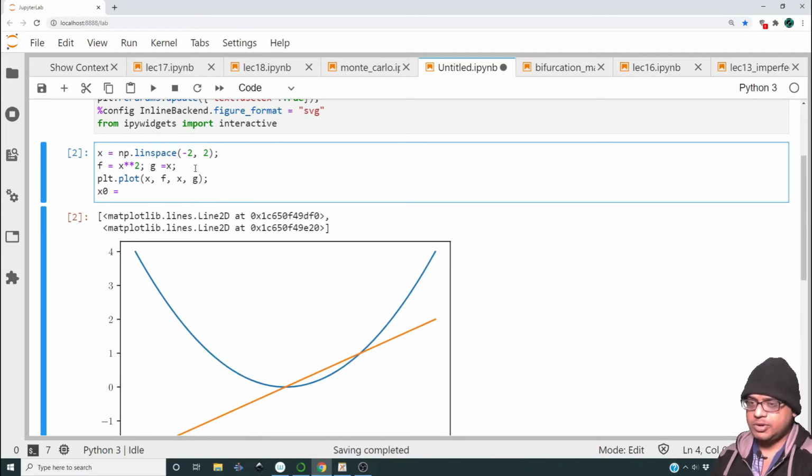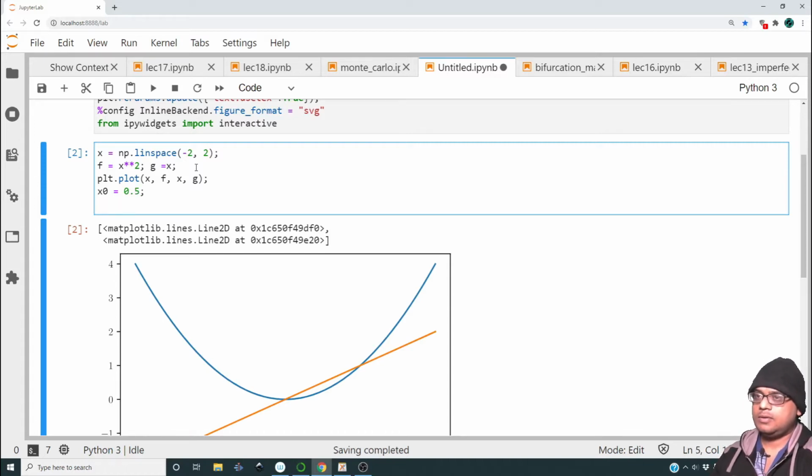So let x naught be equal to say 0.5. All right, then let us first print out all the values.